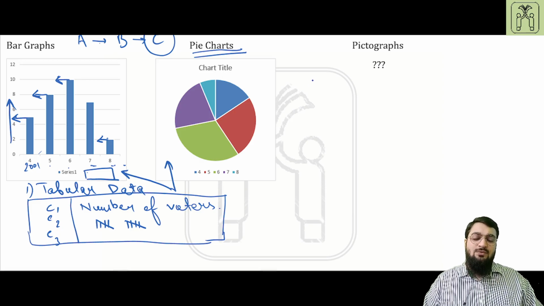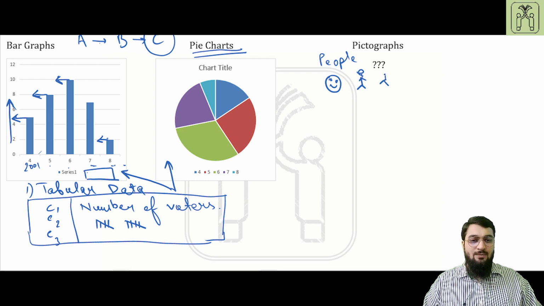For example, if I wanted to represent the number of people who have voted for various choices, I will make a smiley, or a representation of a person, and I will make a number of representations depending upon the number of people who voted. For example, if two people had voted, I will make two stickmen or two smileys to represent choice one.